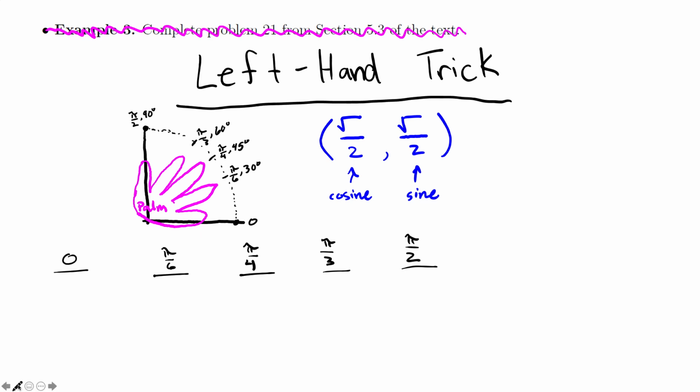Now the thing you're going to put in the square root is where the left hand comes in. What we're going to say is you are going to bend the finger of the angle you are at.